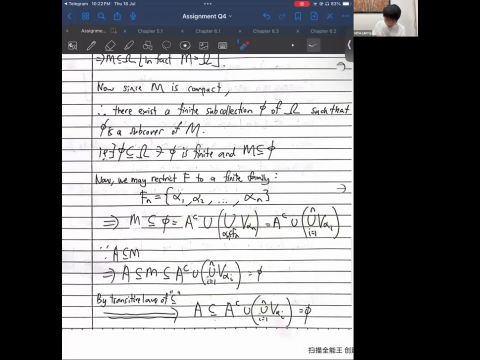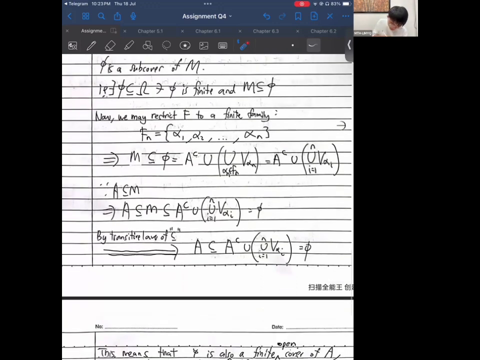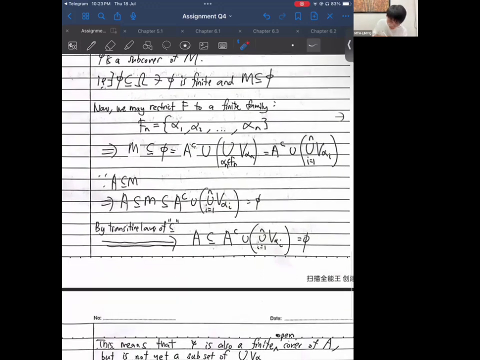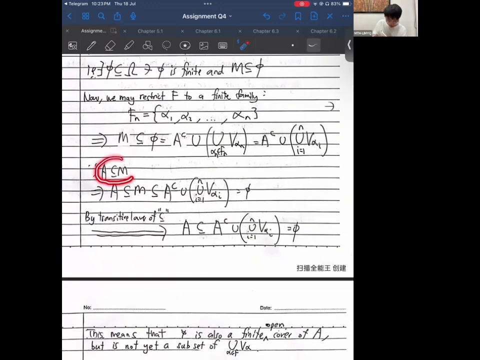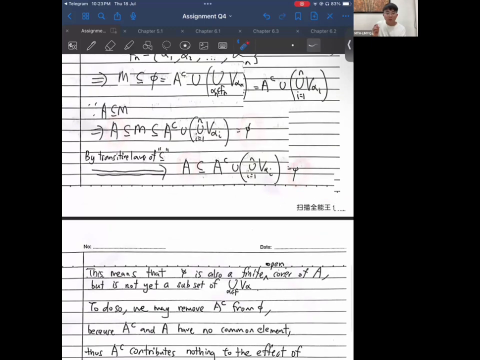Now, because A is a subset of M, we can write A subset of M, where M is also a subset of this new set. So by the transitive property of the subset operator, A is a subset of the finite open cover.